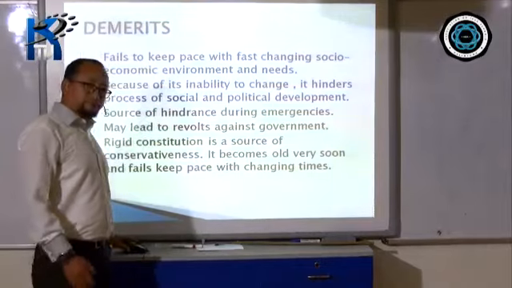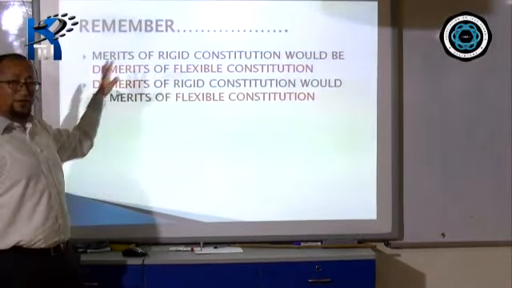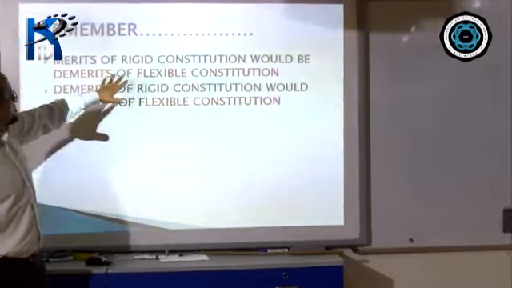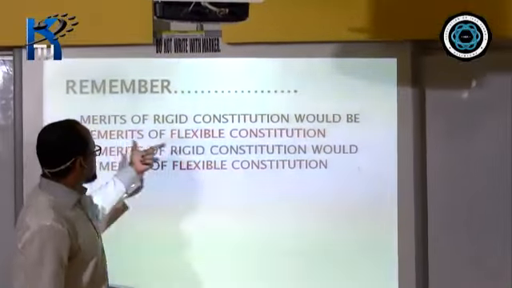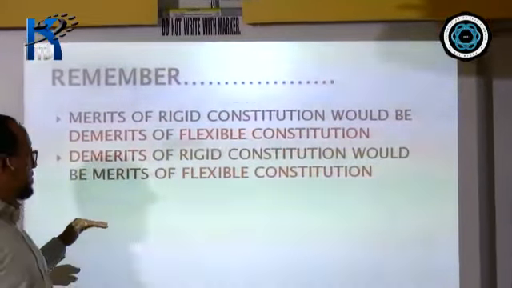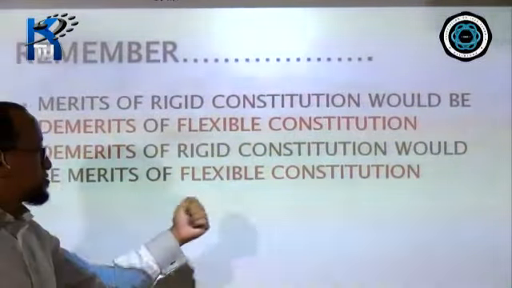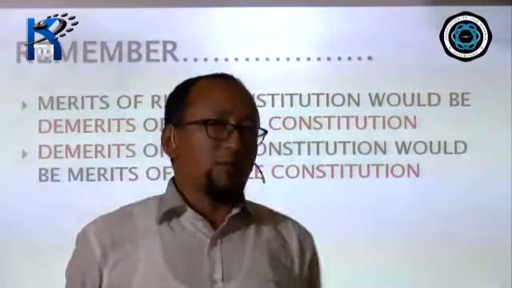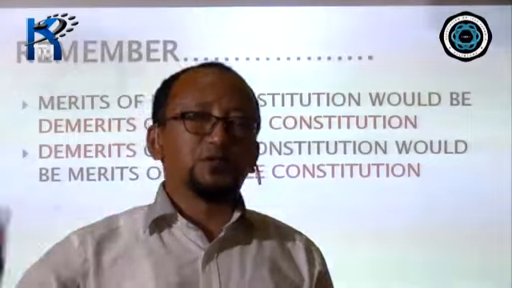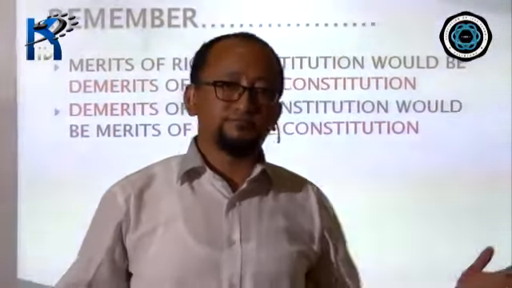Okay, now let's look into the next thing. Just a reminder for you all: merits of rigid constitution would be demerits of the flexible constitution, and of course vice versa, which I've just talked to you about. Demerits of rigid constitution would be merits of flexible constitution. Whenever you talk about this in terms of examinations, please, children, be smart, use the head. It's just the reverse, okay?